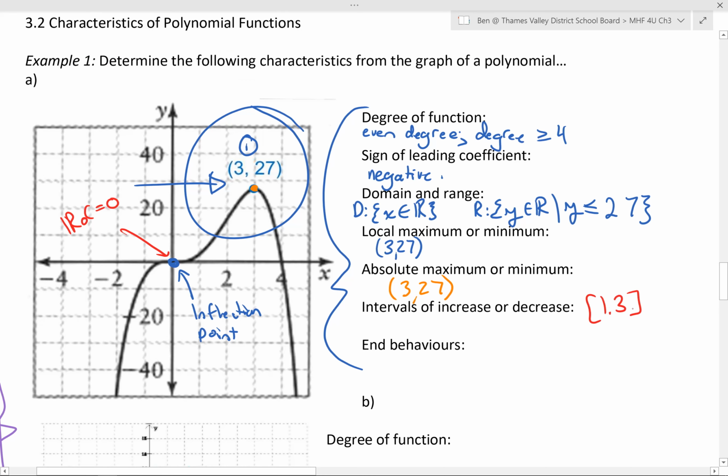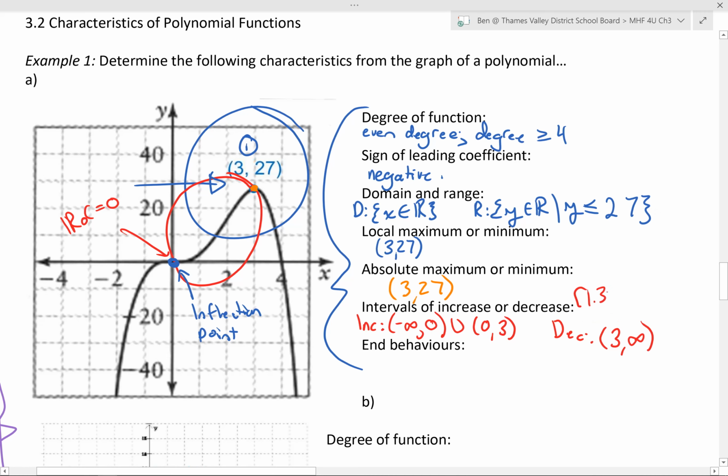We're looking from left to right on our function. We can see that it's increasing from negative infinity to 0, union with it's also increasing along here from 0 to 3. And then our interval of decrease would be from 3 to infinity. Okay, again, that's section 1.3.